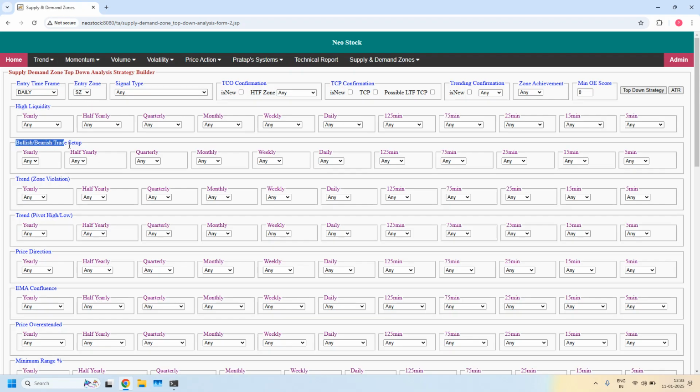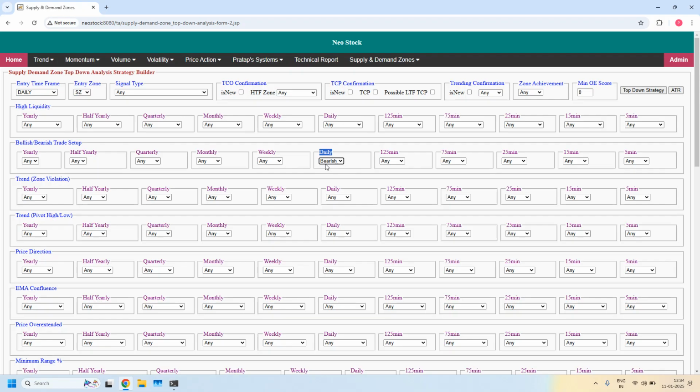Okay, and also in bullish or bearish trade setup, we have to inform our software: generate only daily time frame bearish trade setups. That means monthly income trade, because entry time frame is daily. This parameter talks only about daily entry time frame zone.